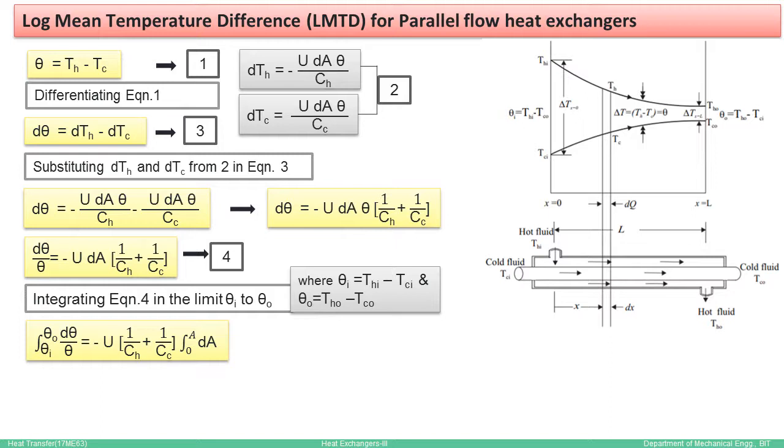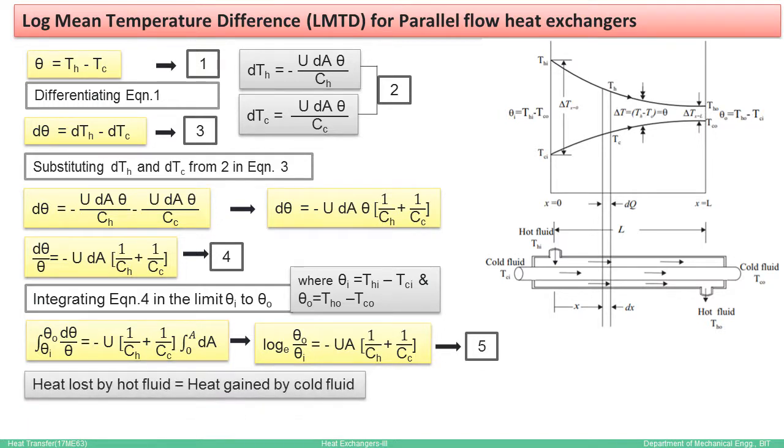And remember, the integral of 1 by theta is the natural log, so we can write ln of theta naught by theta i, with the limits already applied. We get the expression, and we call this equation 5.